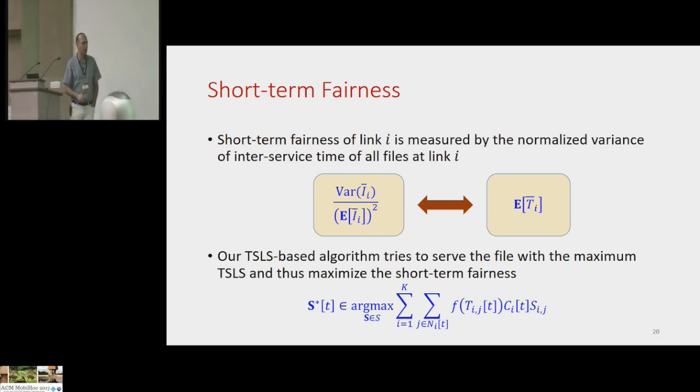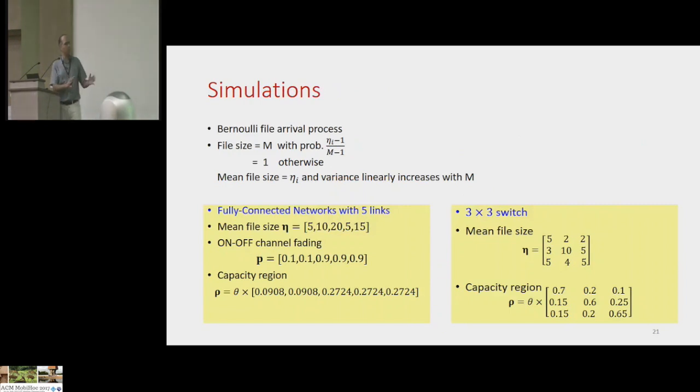For our policy, in the simulations we looked at two cases: a fully connected network with fading on the one side, and a 3x3 switch case for the other setup. So these are fully connected and not fully connected setups. In both cases, our interest is in how the change in the file size affects performance.